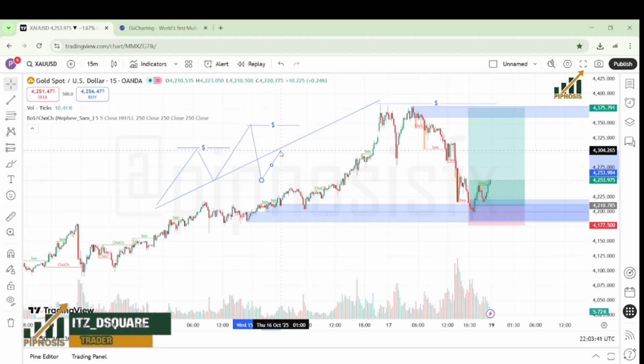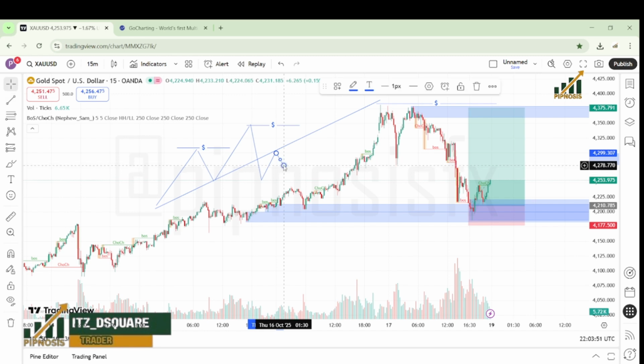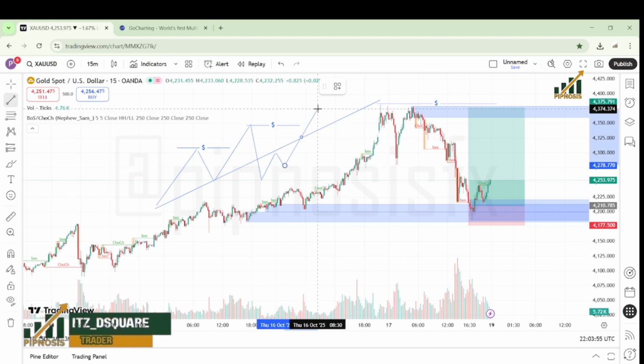Now, it might not take off once, but it will create something like this, and start moving just the way the chart moves. And while it's making this move, it's creating enough liquidity again at this level. So when it comes, it gets the liquidity and moves to the upside.